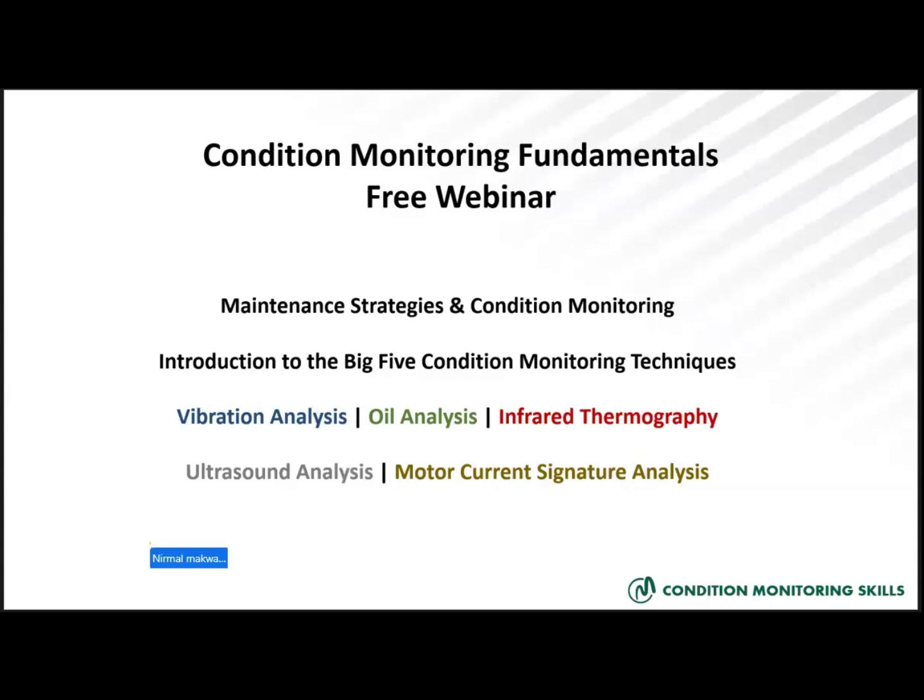Okay, so here is what we are going to cover today. First, an overview of maintenance strategies and condition-based maintenance, and then an introduction to the big five condition monitoring techniques, which are the backbone of the reliability program, and a closer understanding of the main techniques, which are vibration analysis, oil analysis, infrared thermography, ultrasound analysis, and motor current signature analysis.